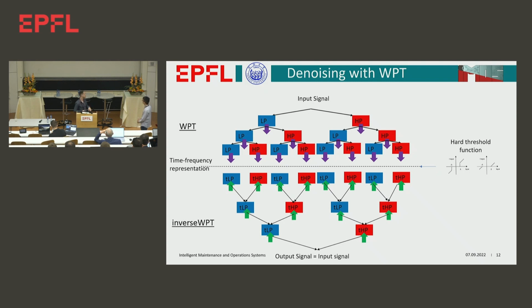So what you will do is to apply a hard threshold function that will remove the low amplitude coefficients and keep only the high amplitude coefficients that are sparse, and then when we perform the inverse wavelet packet transform, we can get a denoised signal.